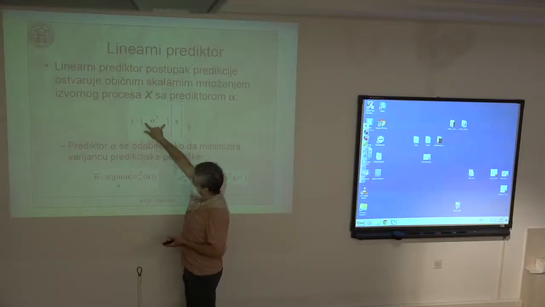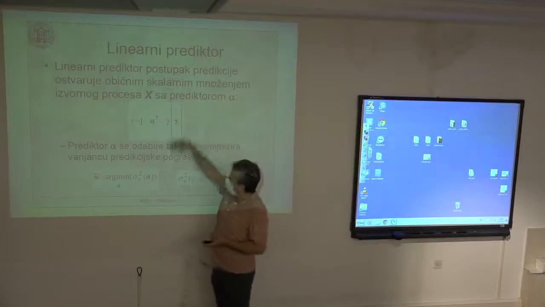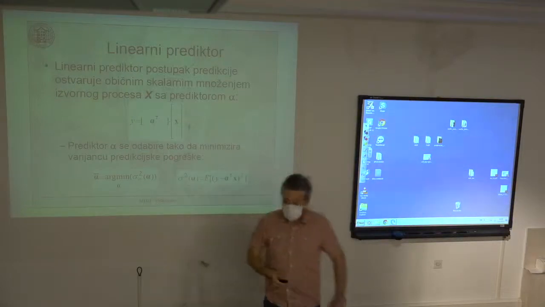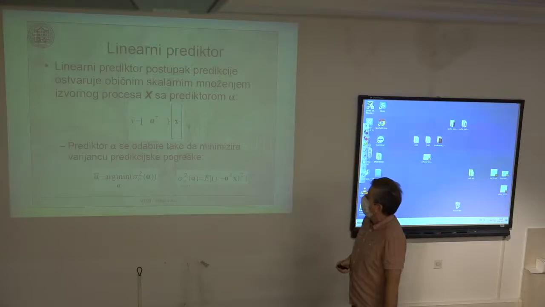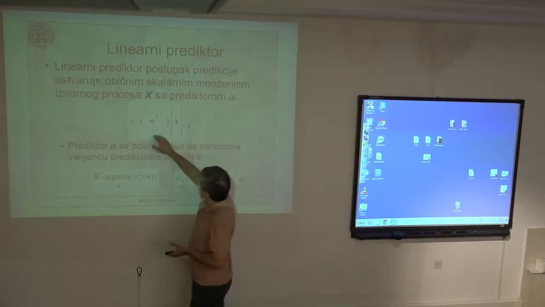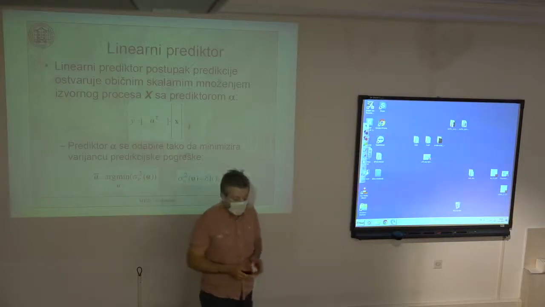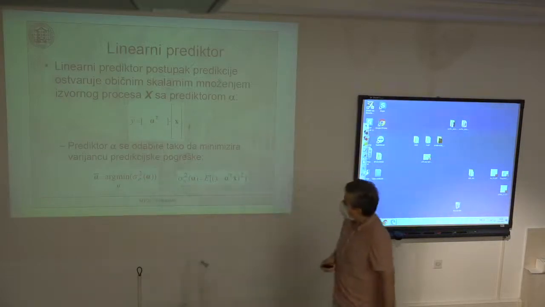This row vector multiplies the column vector x, which is one of the vectors drawn from the source distribution. So I take one vector and I simply compute this inner product or scalar product. And this value is then the predicted value of target, y tilde. Our goal is to find the optimal values of this predictor, alpha 1 to alpha p.